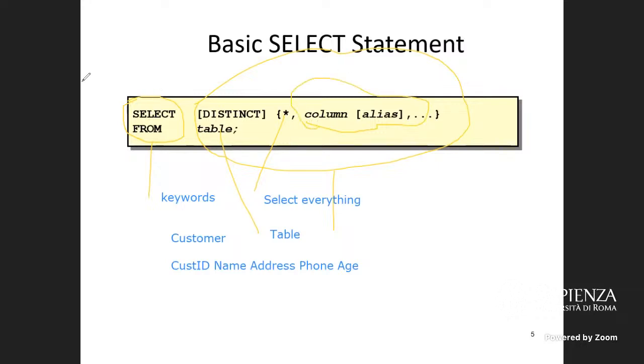So I can do something like select asterisk from customer, because our table here is customer.